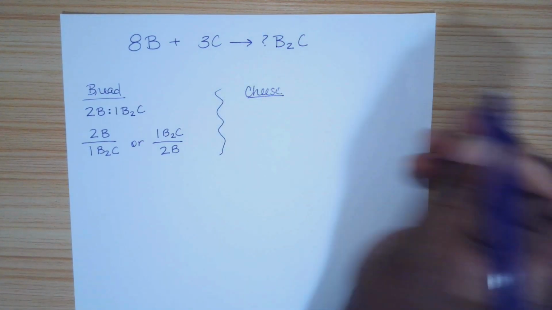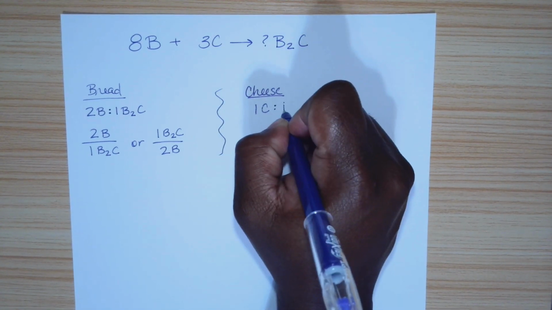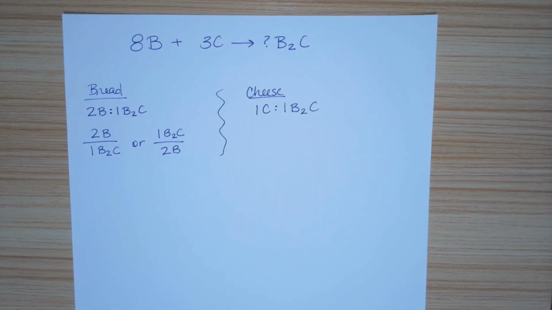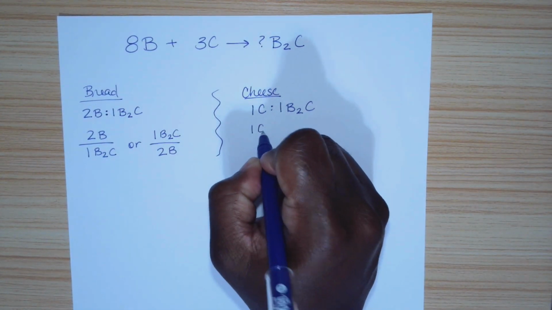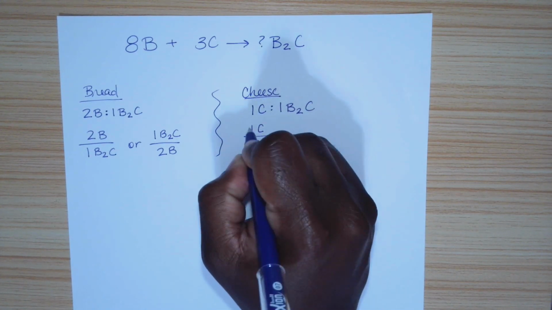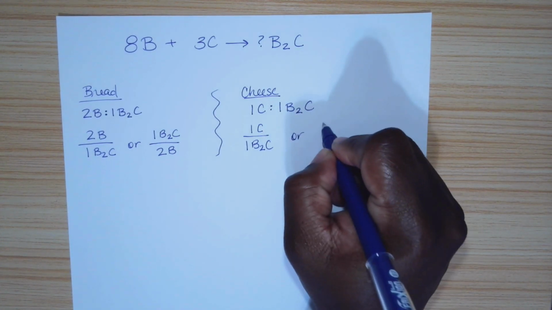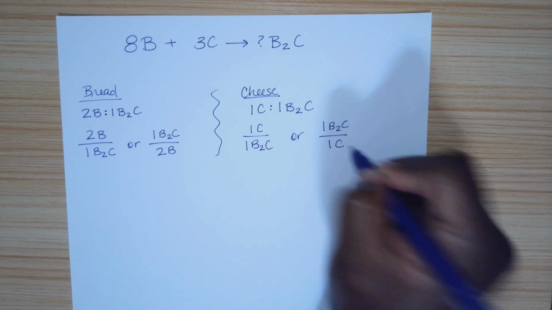But with the cheese, only 1 slice of cheese is needed in order to form every 1 sandwich. So that ratio would be 1 to 1. If we were showing those relationships as conversion factors, it would be 1C over 1B2C, or the opposite, 1B2C over 1C.